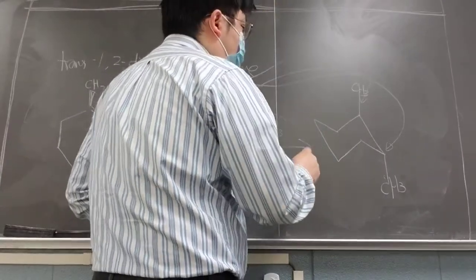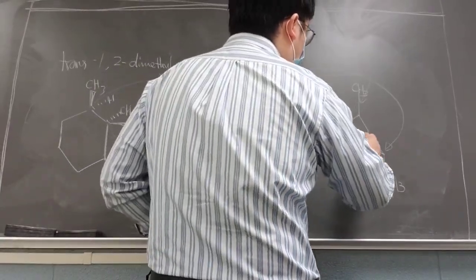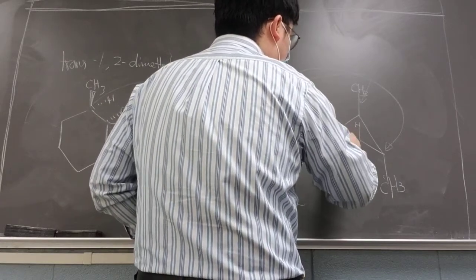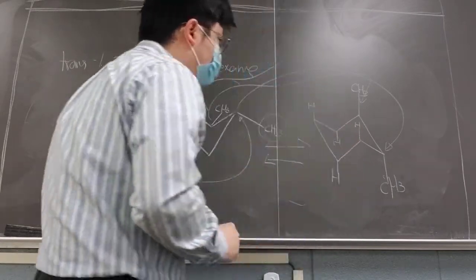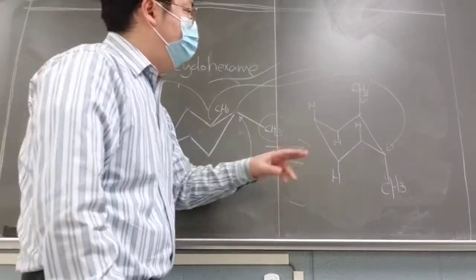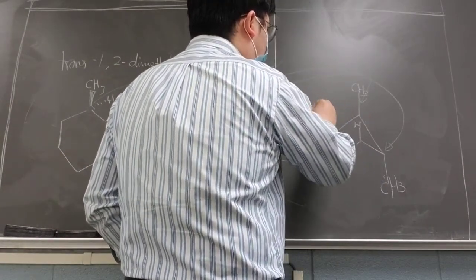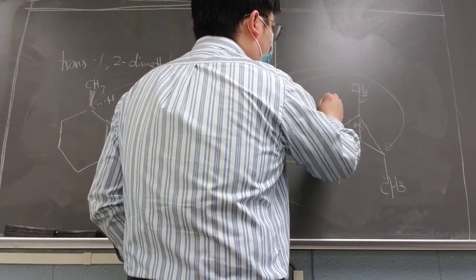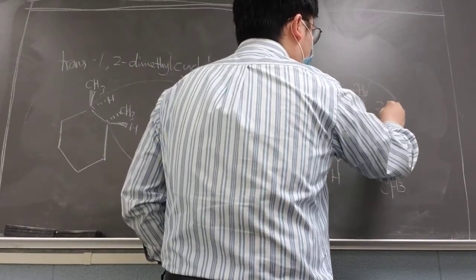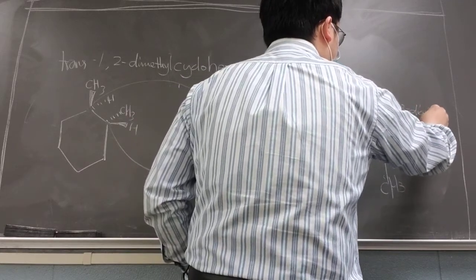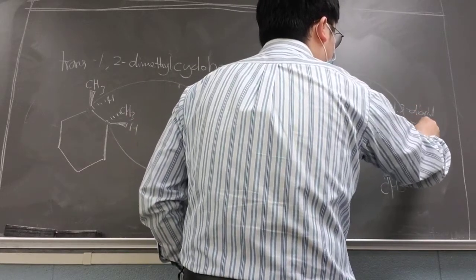So if you try to compare this one again, you can also look at the axial position of hydrogen over here. Let's try to look at this one first now. Because of those two axial position hydrogens up and up, they're going to have 1,3-diaxial interactions here.